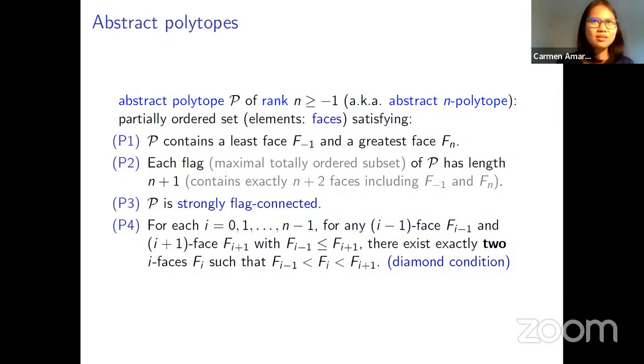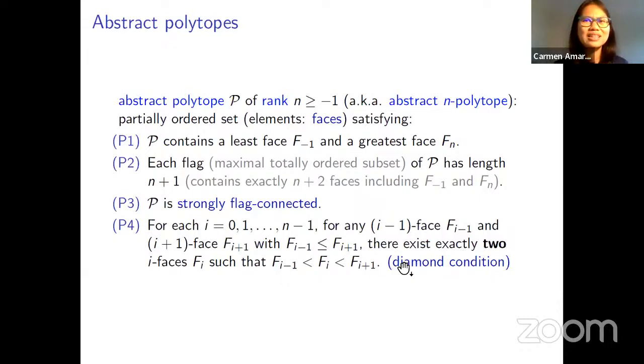Now there is a fourth condition, a last condition that must be satisfied, and it is that for any i from 0 to n-1, if we take any i-1 face f sub i-1 and any i+1 face f sub i+1, such that f sub i-1 is incident to f sub i+1, so may chain na nagko-contain sa kanilang dalawa, then there should be exactly two i faces such that f sub i is adjacent to f sub i-1 and to f sub i+1.